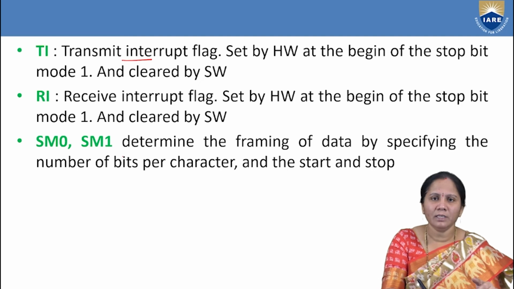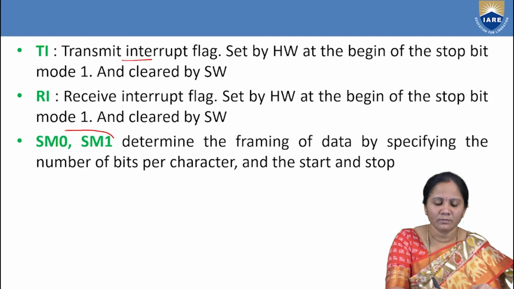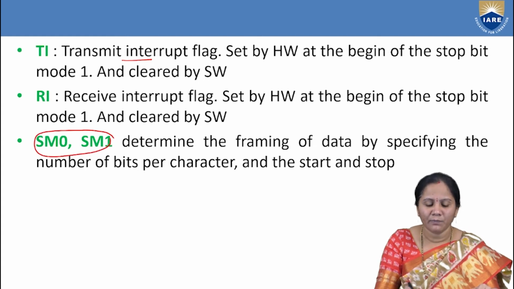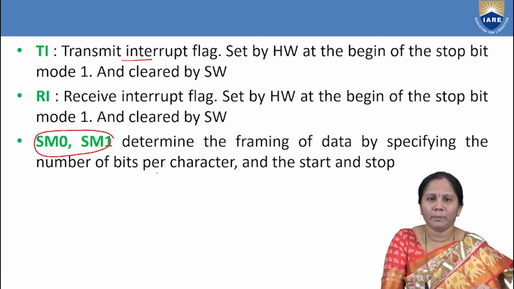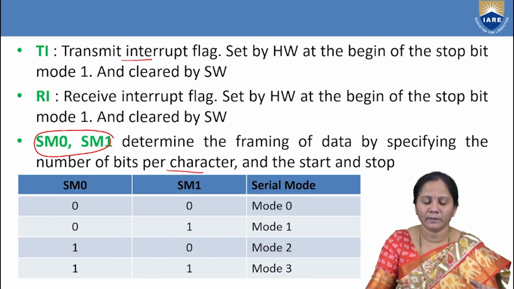And as we have seen, the D7 and D6 bits in the SCON register are SM0 and SM1, which specify the mode of operation. How the modes of operation differ is based on the size of the character and on the addition of the start bit and stop bits to that particular character.